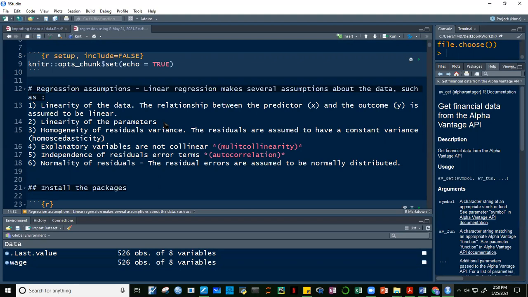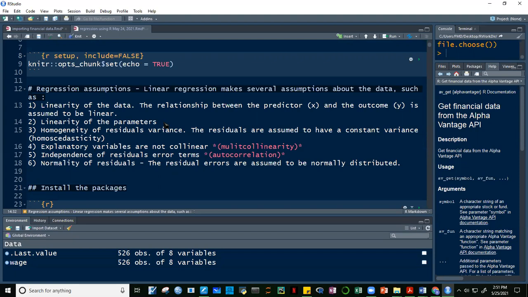Third, so nagka-model tayo. One of the main reasons why we conduct linear regression is because we would like to predict the response variable, the outcome variable, or the dependent variable, making use of your independent variable or variables.